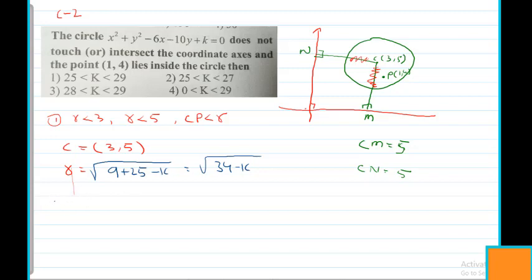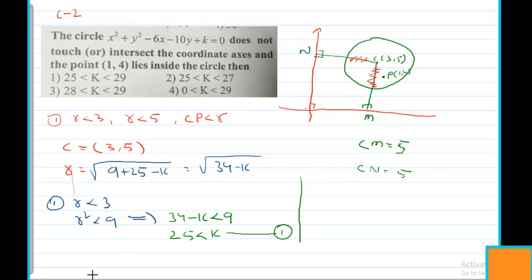This is the radius. The first condition I am taking is r less than 3, or r square less than 9, both are the same. This implies 34 minus k is less than 9, or 34 minus 9, that is 25, is less than k. This is one of the required results.